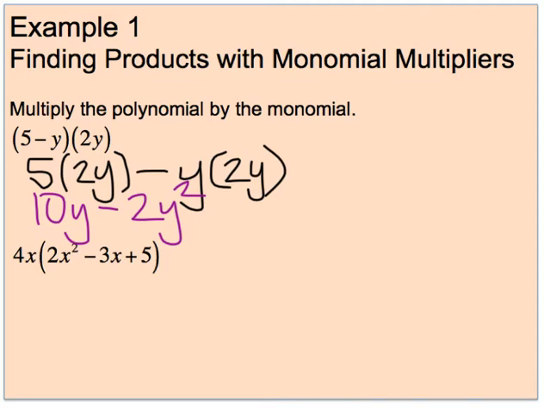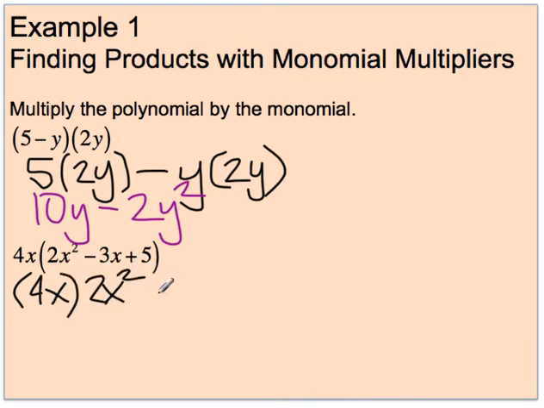In our second question, we have 4x, a monomial, times 2x squared minus 3x plus 5. So a three-term polynomial. We want to take the monomial and distribute it to each term of the polynomial. So here we have 4x times 2x squared.